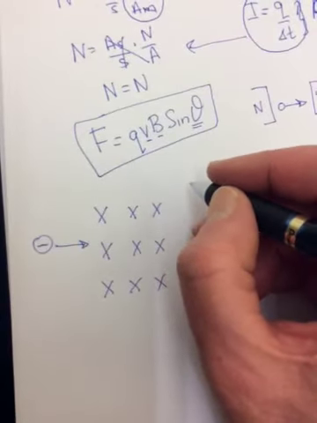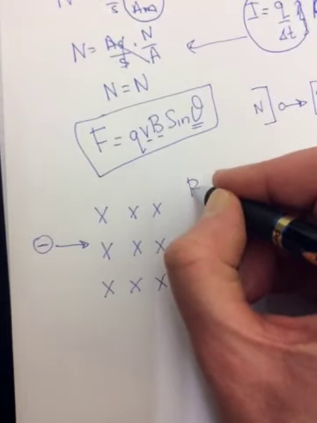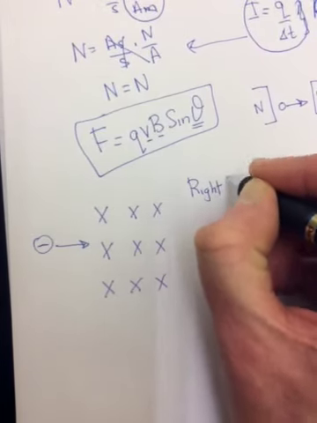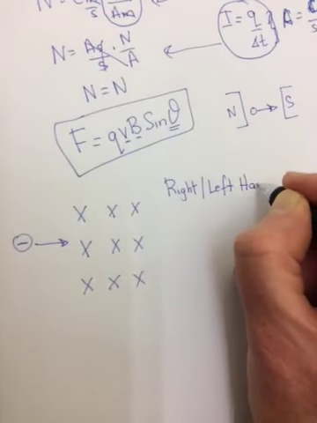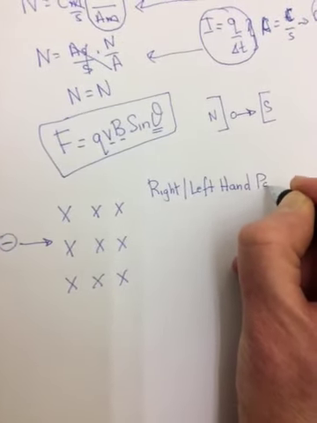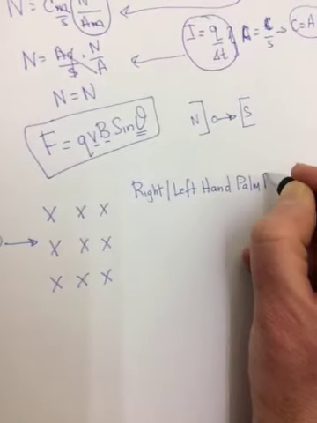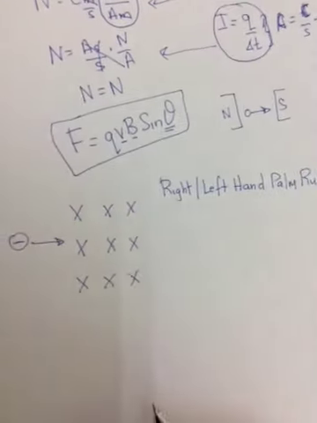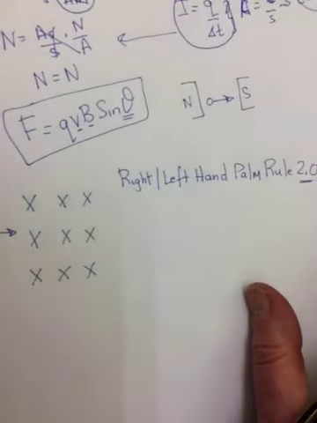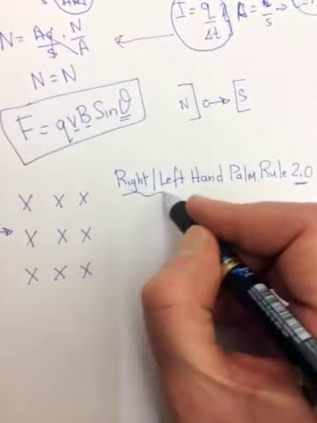And this one you'll be happy to know is called the right/left hand. And it's a palm rule too. Palm rule, and it's like 2.0. Okay, so it's the second version. Why? Because it's almost identical to the first palm rule.